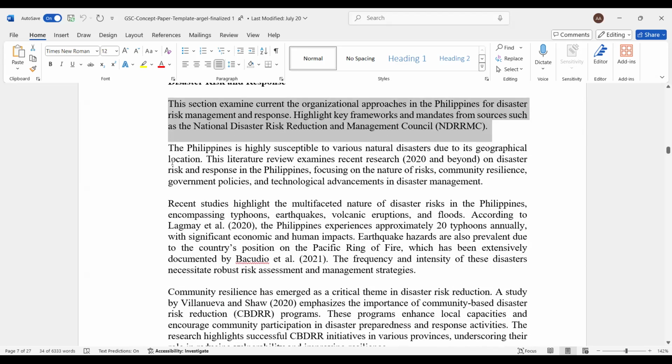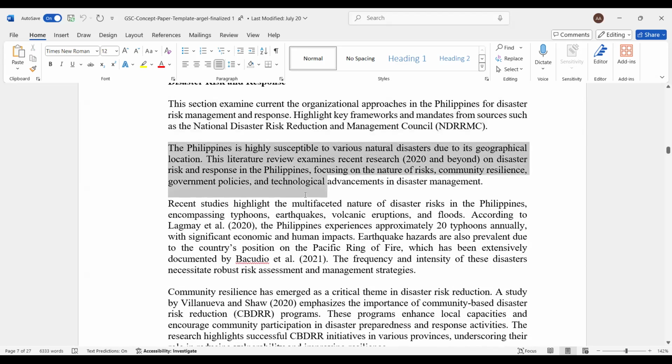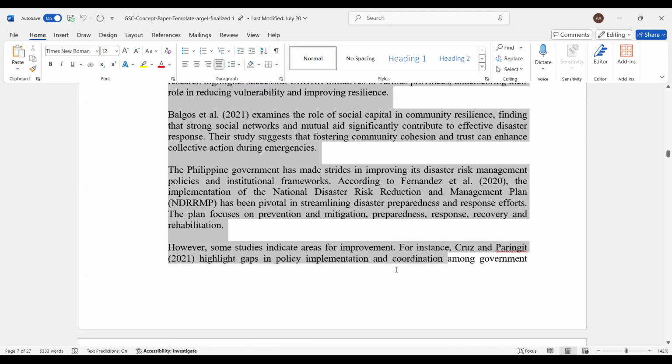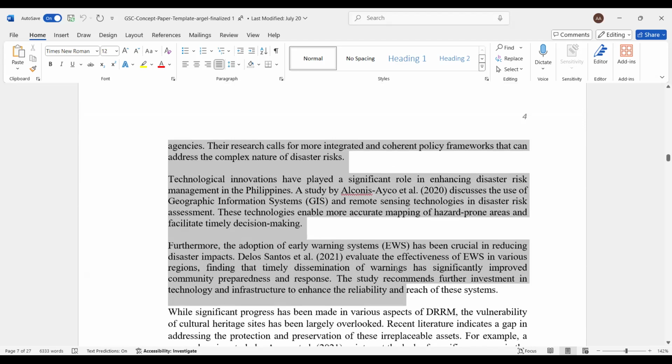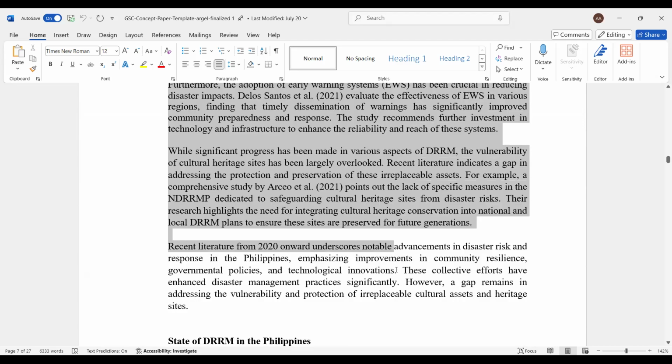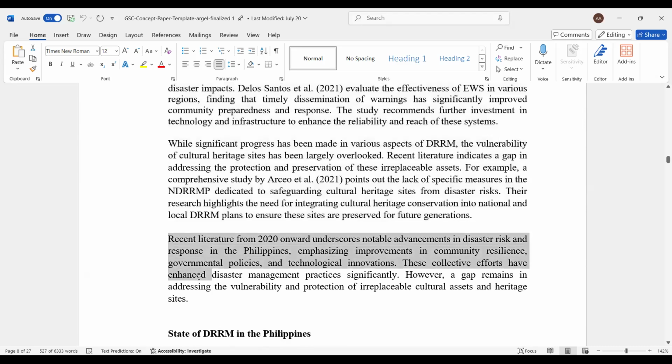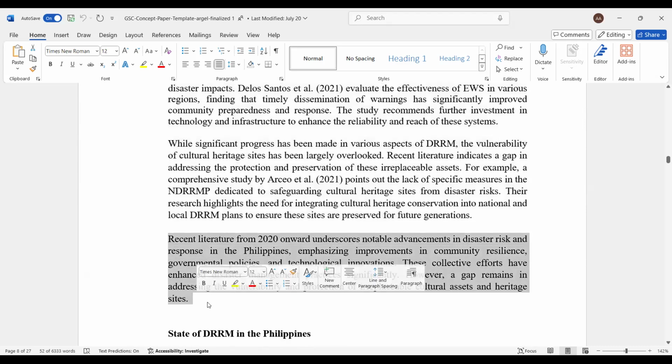And then use the narrative format, narrative po ang gawin nyo para kayo nagkukwento. Parang sinasummarize yung sinasabi. If there's an interesting contrast, you can compare it. And then at the last part of the theme, meron kayong summary or synthesis.